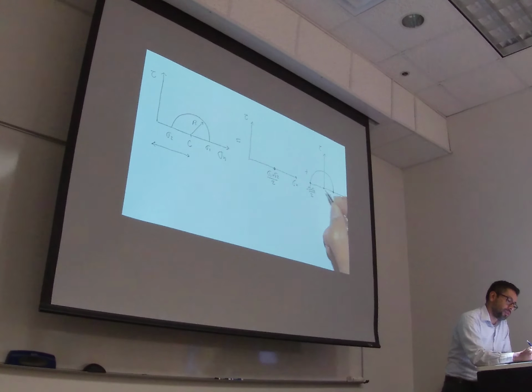And this component is what is called the deviatoric component, and it is just pure shear. And this is going to be very useful to us because we're going to use this division quite a bit.